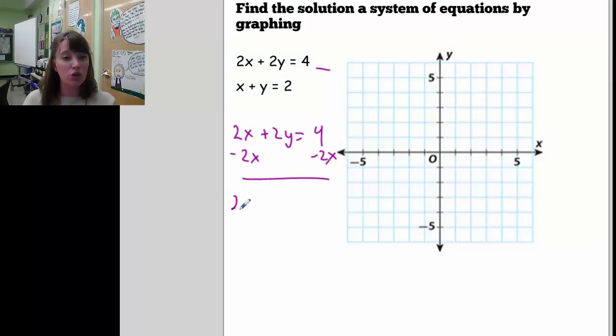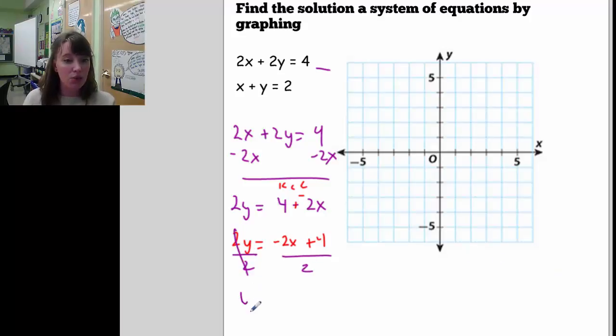So I have 2y is equal to 4 minus 2x. Then I want to use KCC to put the negative 2x to the left right here. So I have negative 2x plus 4. And finally, I want to divide each side by 2 because I want the coefficient of y to be 1.